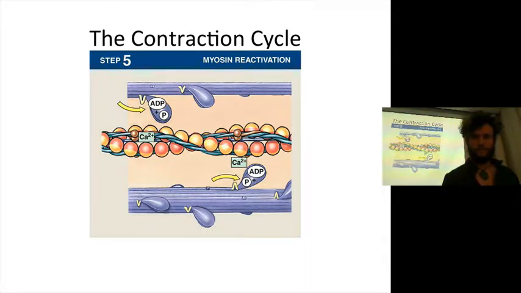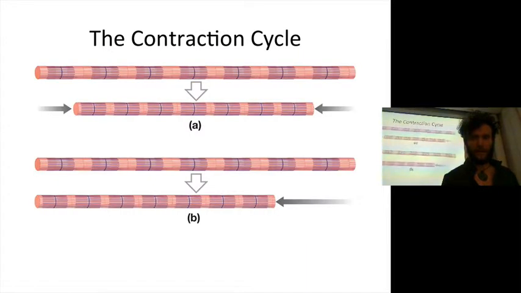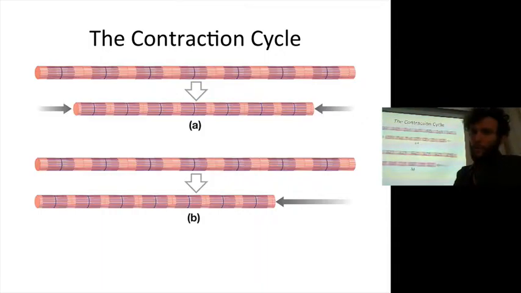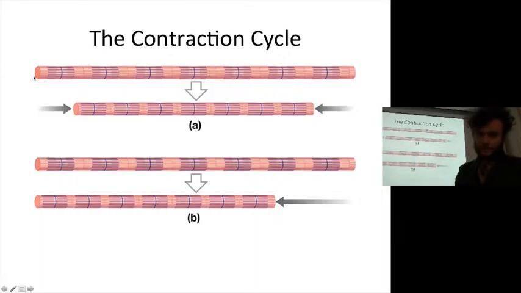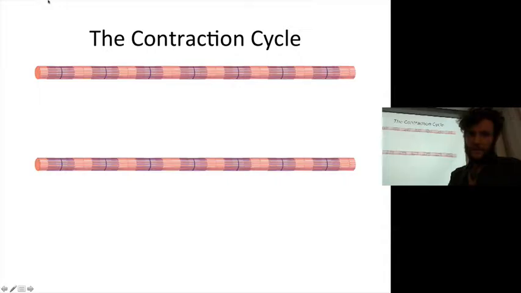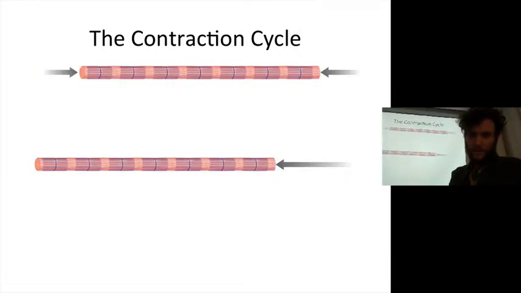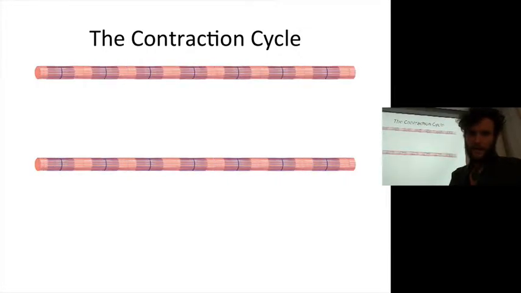Okay? So myosin reactivation. So what does that look like? Well, here is a muscle fiber uncontracted and contracted, relaxed and unrelaxed, and looks something like that. Did I do that right? I guess I did.